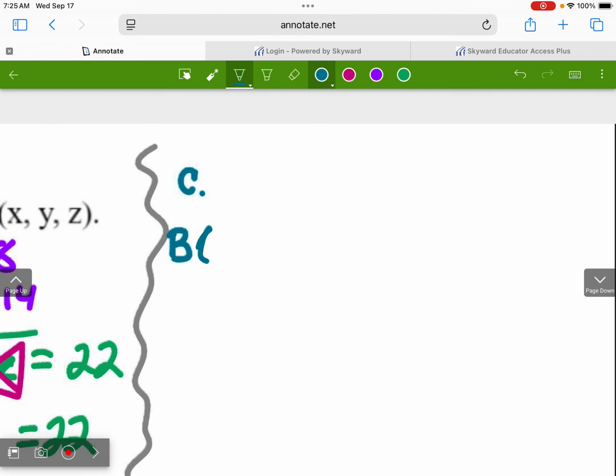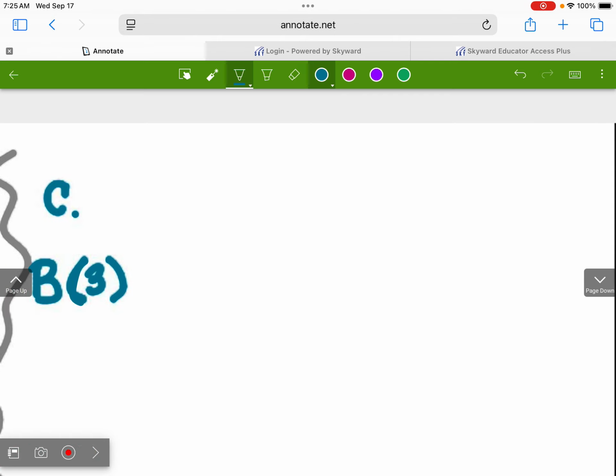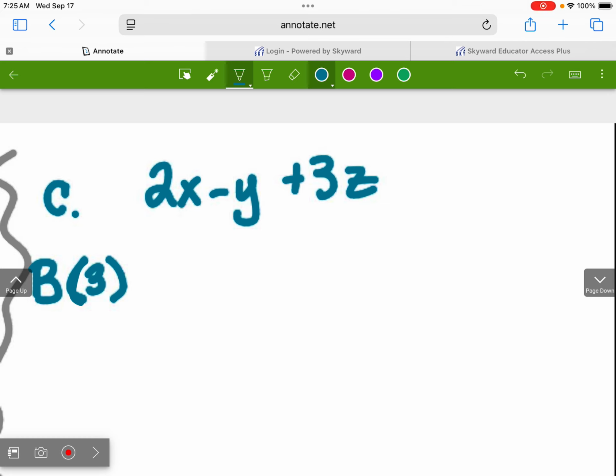So B times 3. When I put those over here, we're going to have our C, which is 2x minus y plus 3z equals 1.